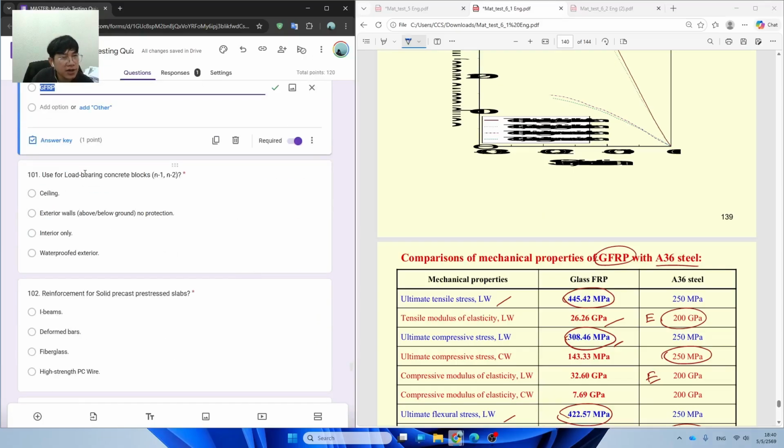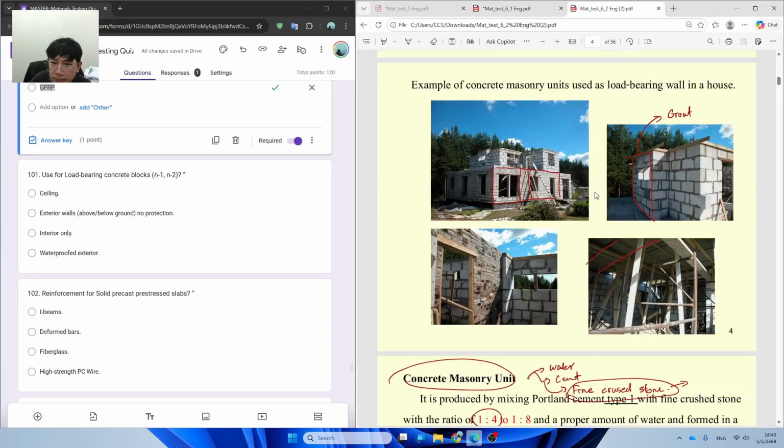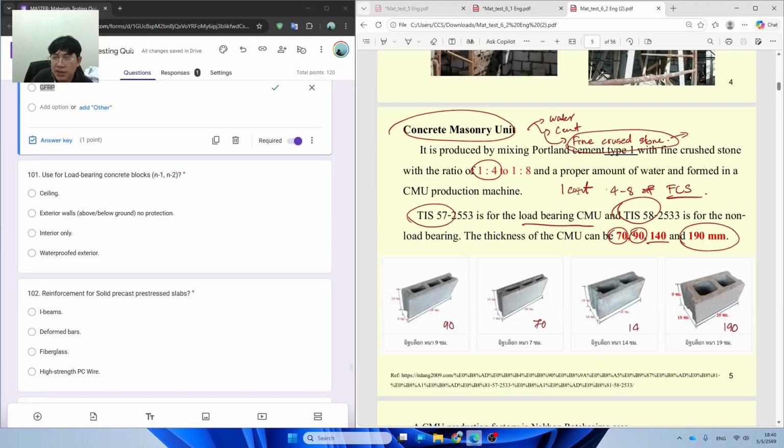And next is the concrete block. Okay, so let me move to here. Concrete block basically is the material that combines cement, water, and fine crushed stone.